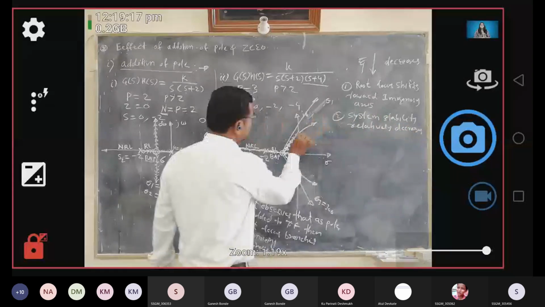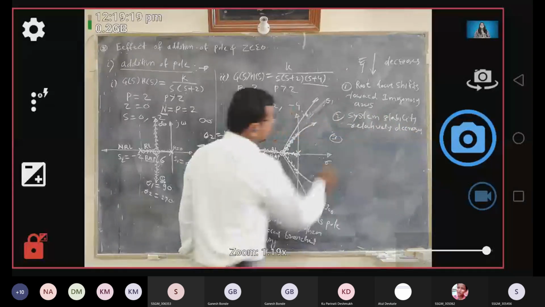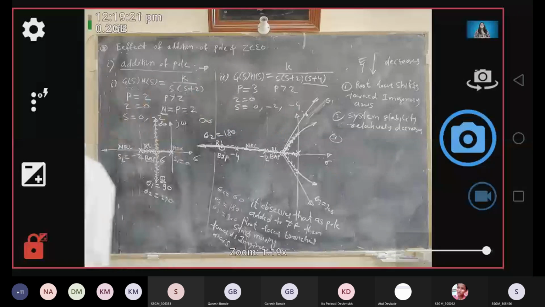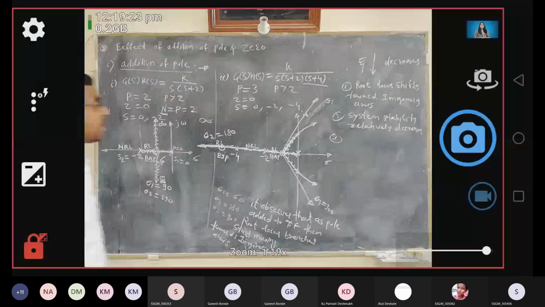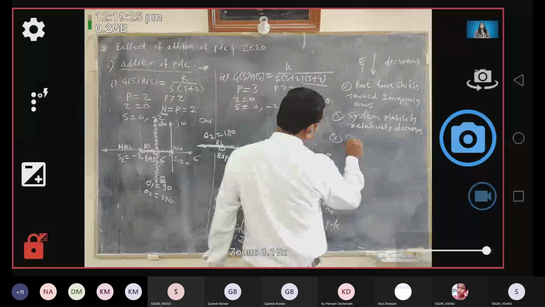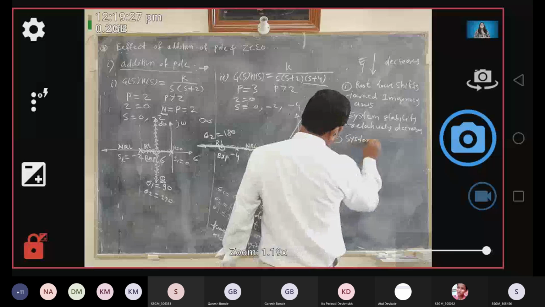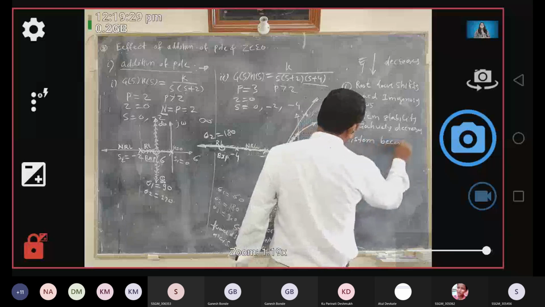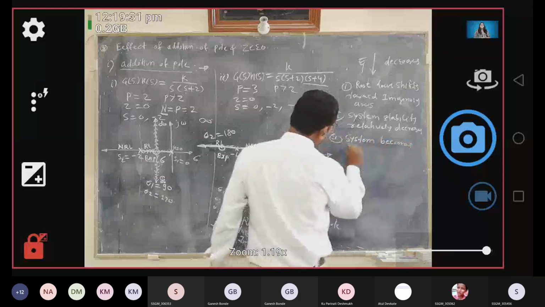The reason is mentioned here. Then the third point: the system becomes more oscillatory.